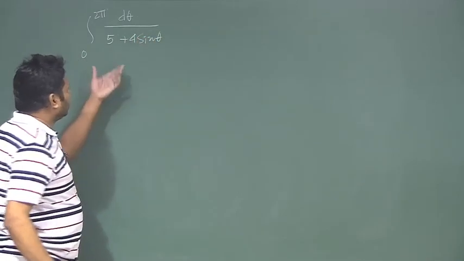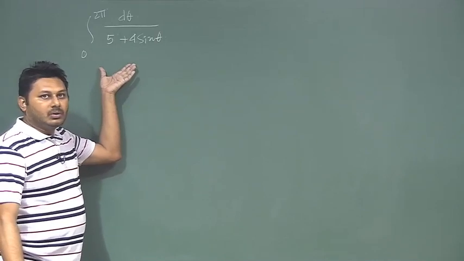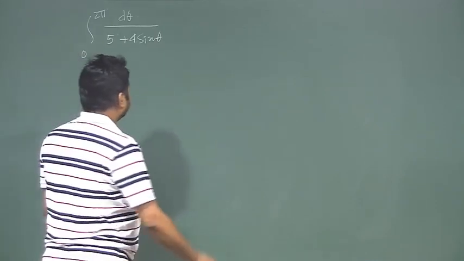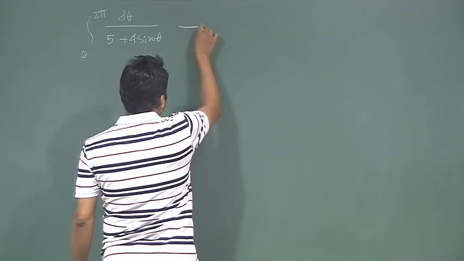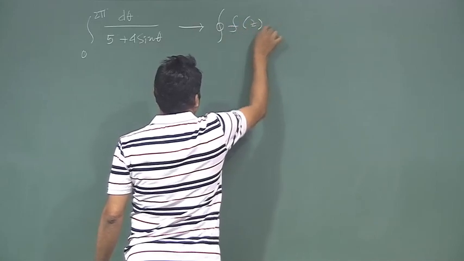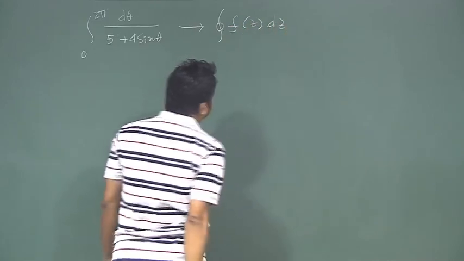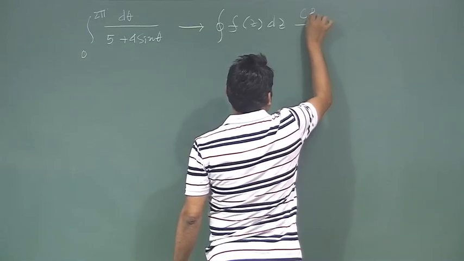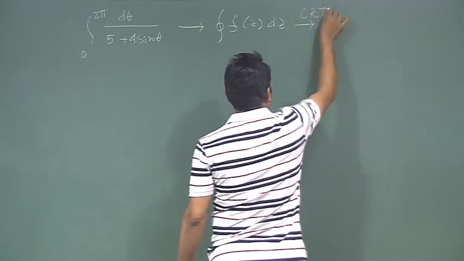I need to evaluate this integration, 0 to 2 pi, 1 by 5 plus 4 sin theta. So, my recipe is that I need to convert it to a function of z, dz, and then apply Cauchy's residue theorem. So, let us do that.